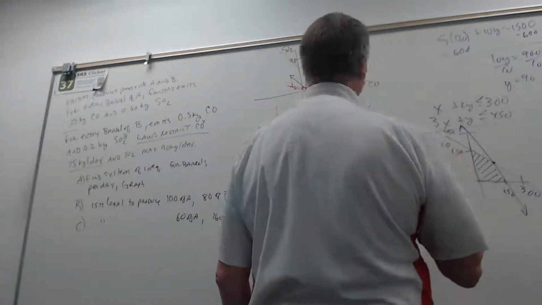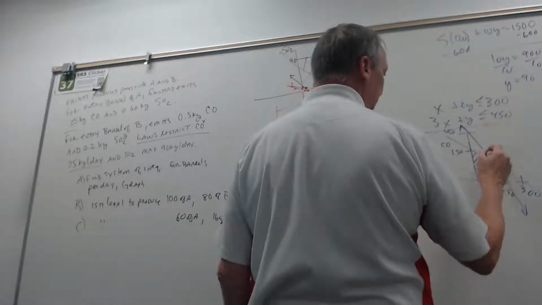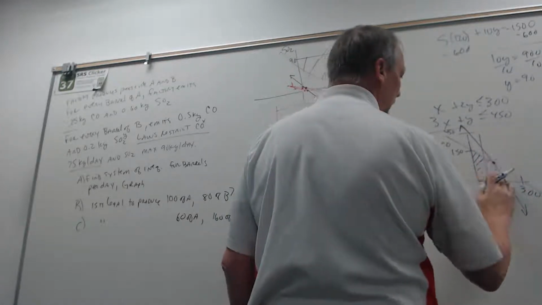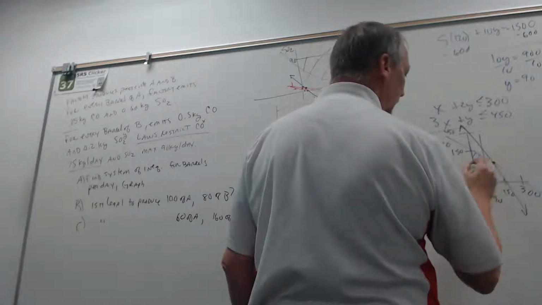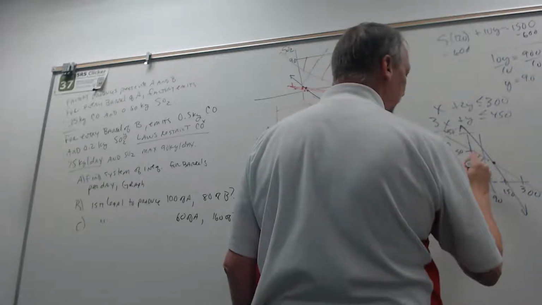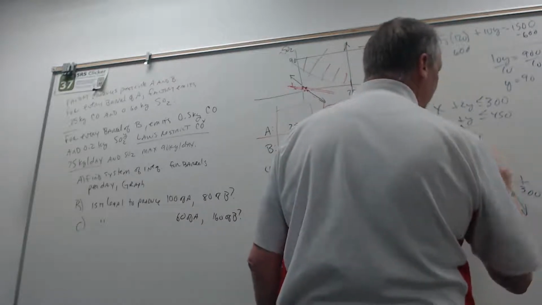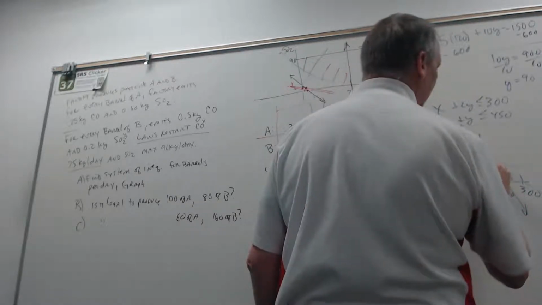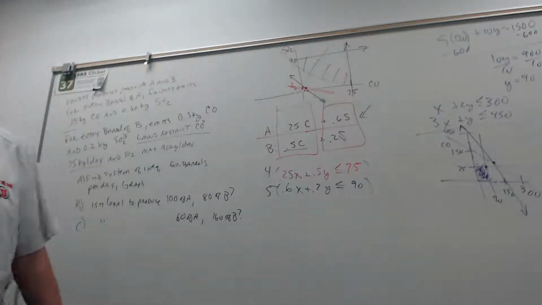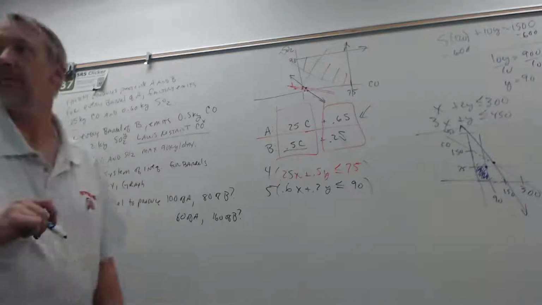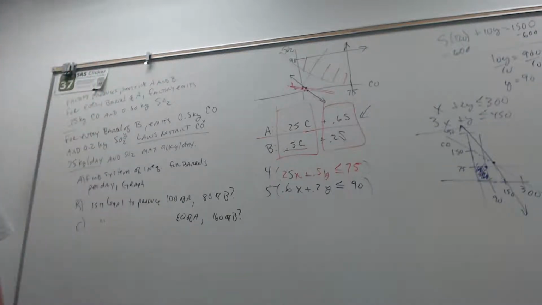If this is SO2, the 90 is going to be here, and your 75 line is going to be about half. There we go. So this is the area that we can operate in. Does that make sense? Okay. No, because then why did we solve for that one that's completely out of there?